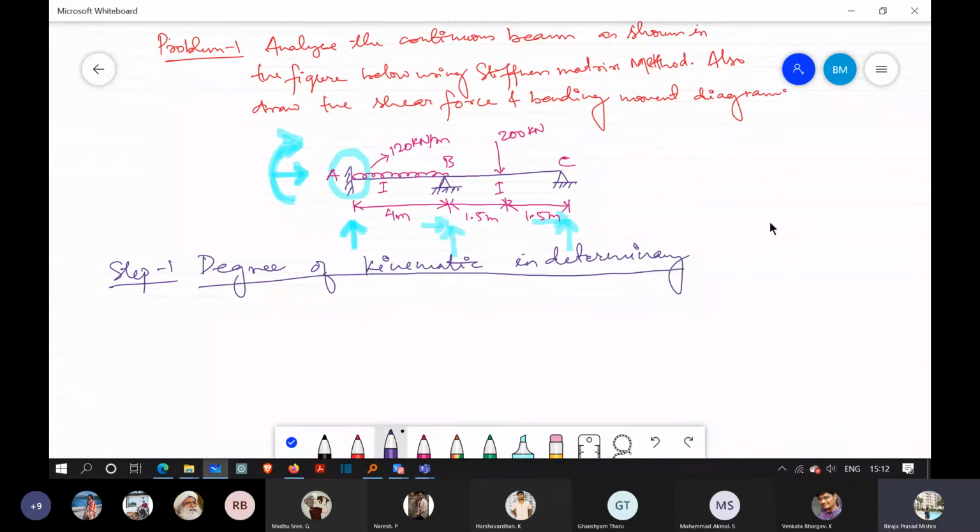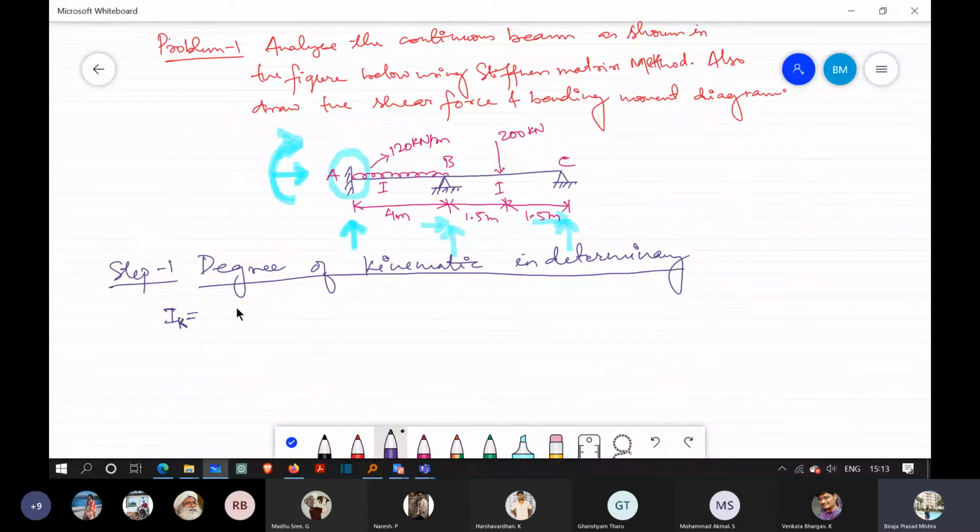Okay, so here the degree of kinematic indeterminacy, let us say that is what we call Ki, or simply I. Let us call it I, or you may call it Ik.